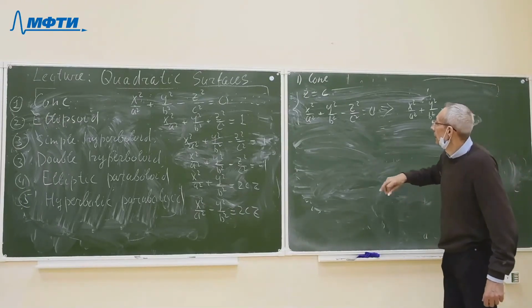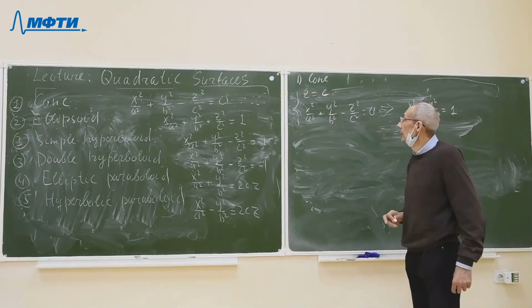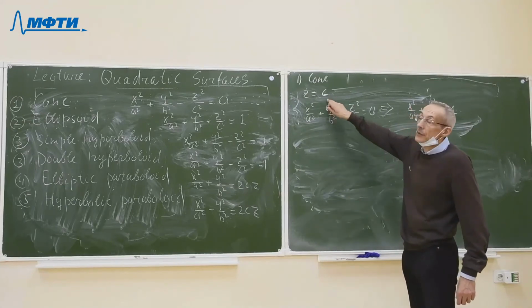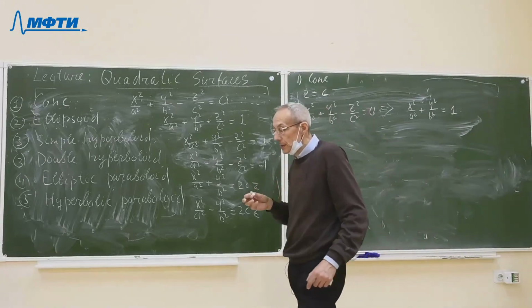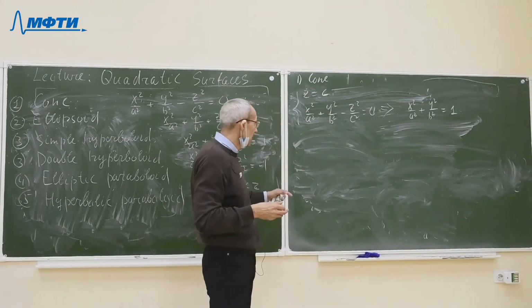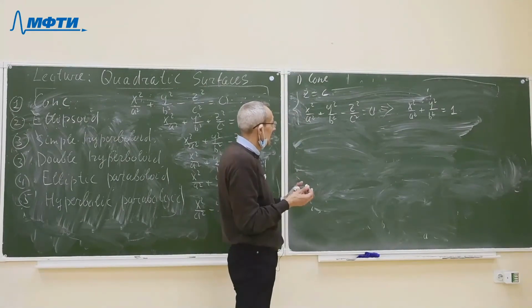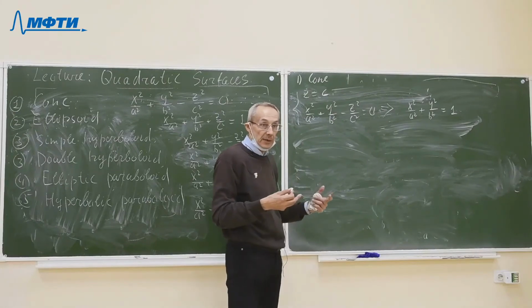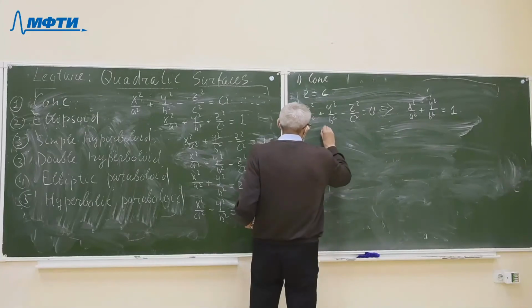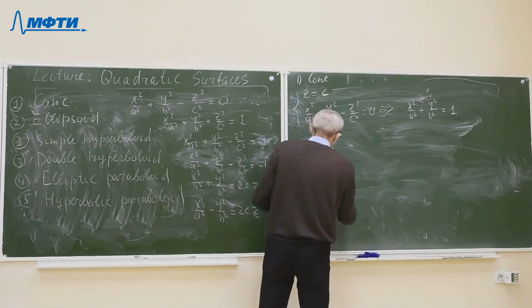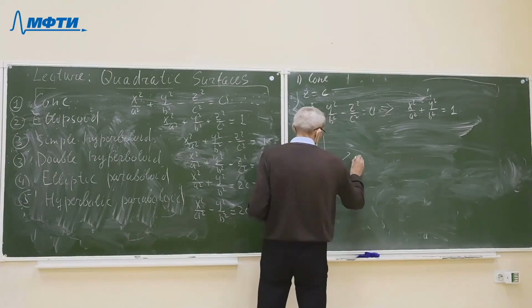If we consider a value of z which is greater than c, we obtain an ellipse which is similar to this one but has a greater size, and we obtain the following picture: x, y, z.